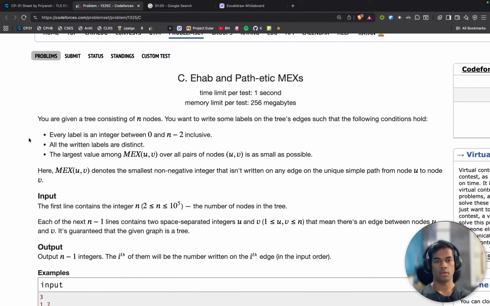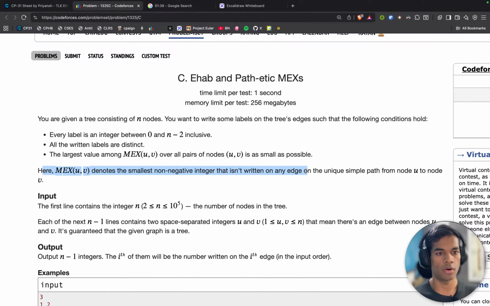Here, mex(u, v) denotes the smallest non-negative integer that isn't written on any edge on the unique simple path from node u to node v, over all the pairs.